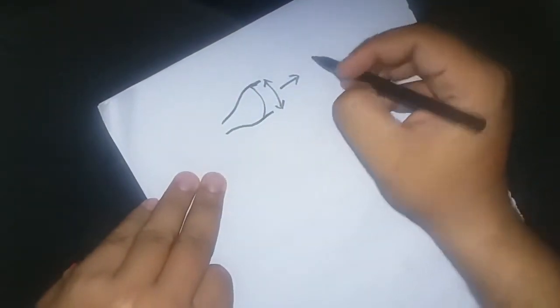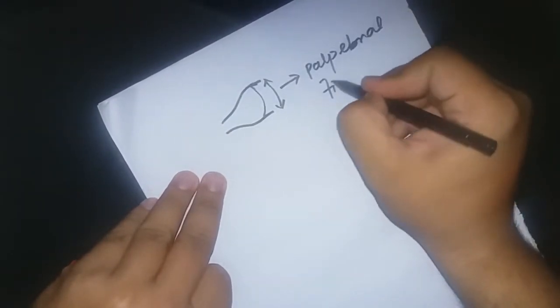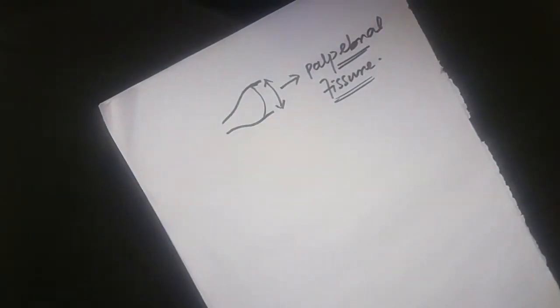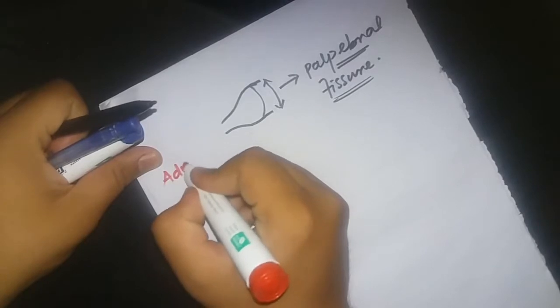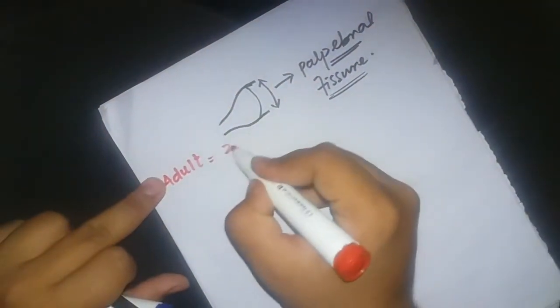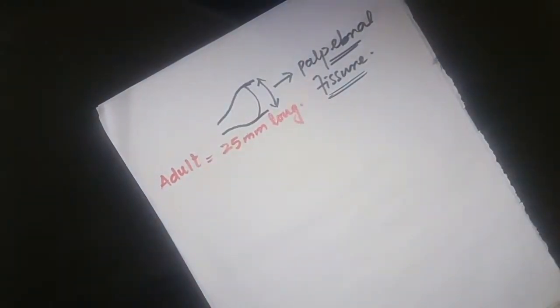This space is known as the palpebral fissure. It is exposed when the eye is open, and in an adult it is about 25 millimeters long when the eye is open.